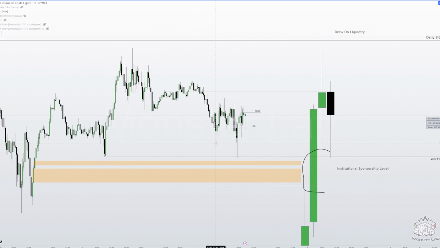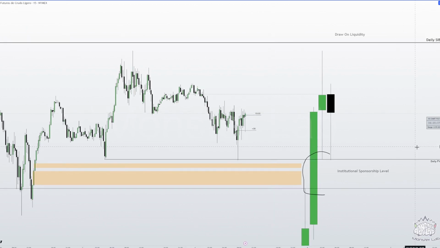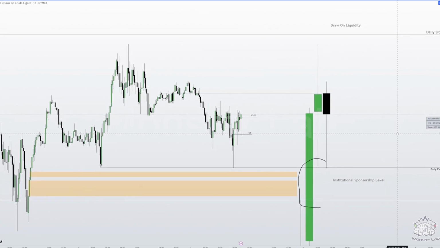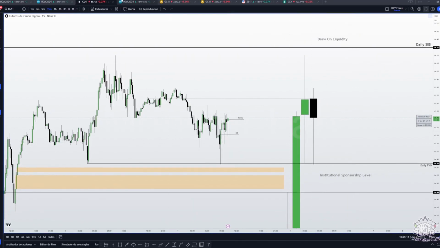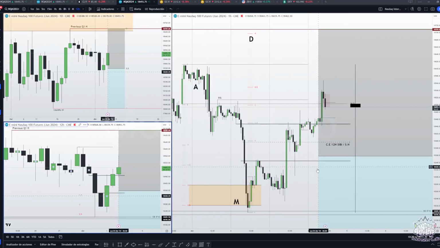It's the 10 a.m. opening. Nasdaq dipping in this 1 hour BC.